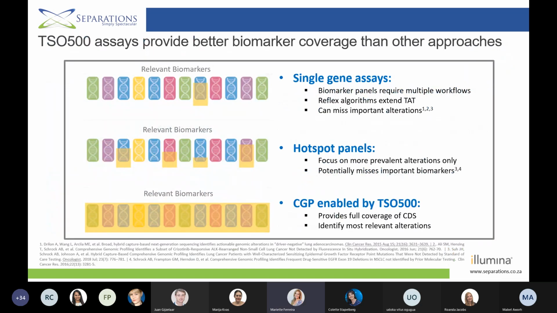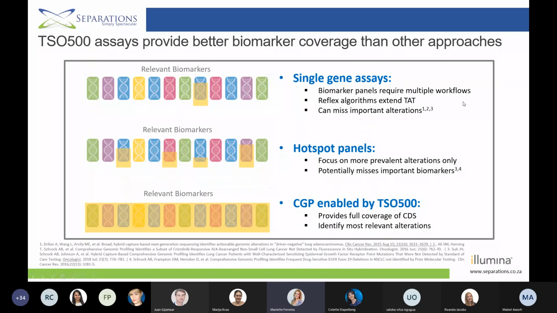When we look at the TS0500 assay, there are different ways to look at biomarker coverage. There are single gene assays where you would require multiple workflows to look at the single genes. This extends your turnaround time, and you can miss really important alterations with these single gene assays.